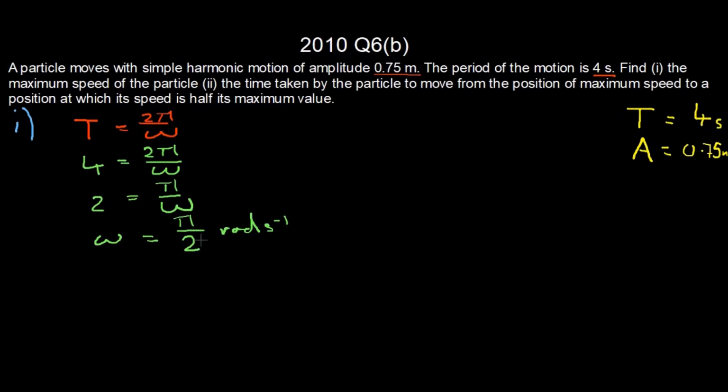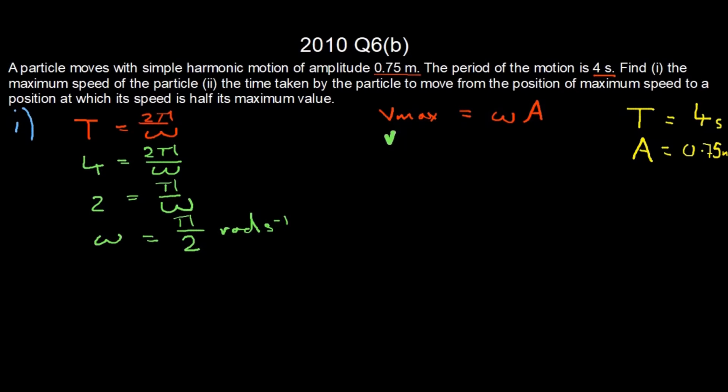So you have omega, and now you have amplitude as well, but what they're looking for is maximum speed. The formula for maximum speed is Vmax is equal to omega A. Now we know that omega is pi over 2 and A is 0.75 meters.